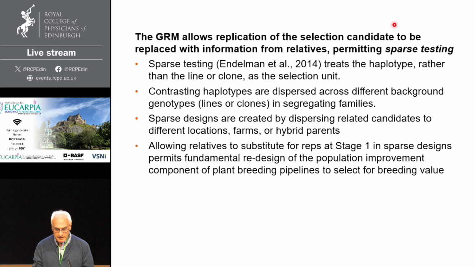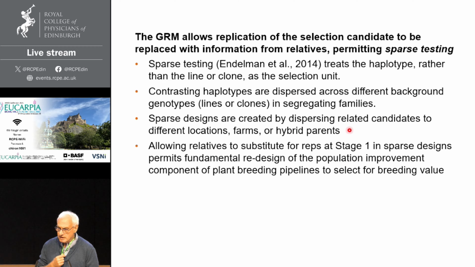Sparse testing treats the haplotype rather than the clone or the line as the selection unit. Contrasting haplotypes can be dispersed across different background genotypes in segregating families. Sparse designs are created by dispersing related candidates to different locations, farms, or onto different hybrid parents in a hybrid program.